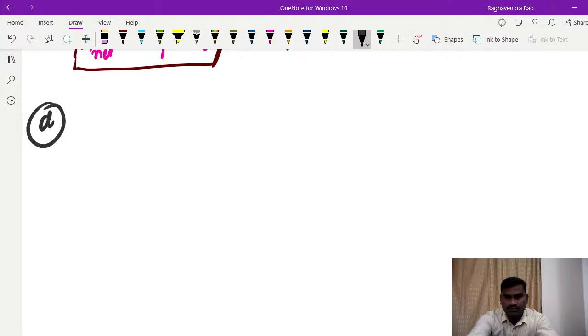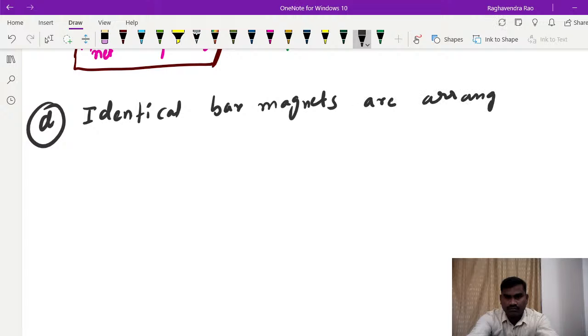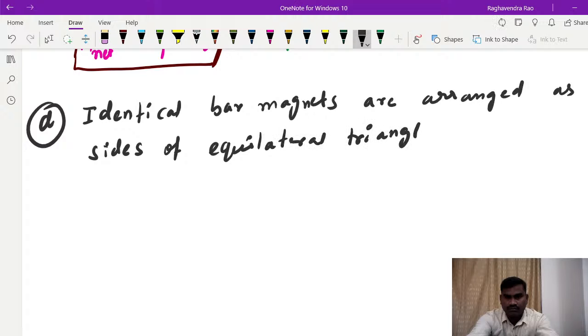Next point. For example, identical bar magnets are arranged as sides of an equilateral triangle.